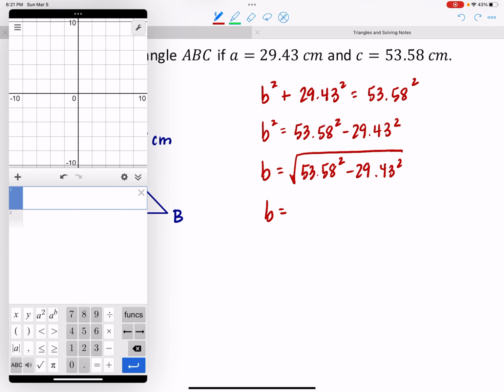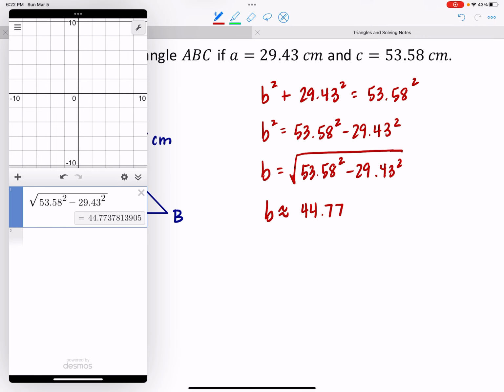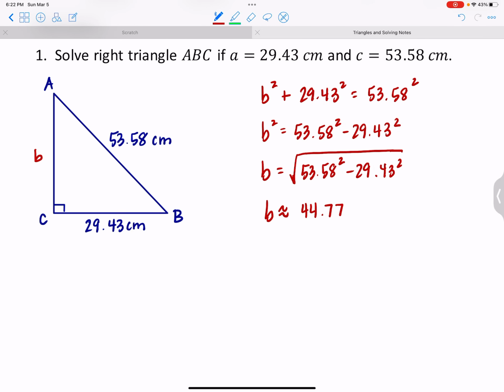I'm going to put in one expression: square root of 53.58 squared minus 29.43 squared. And so b is going to be not equal, it's going to be approximately equal to, let's be precise here and make sure that's not an exact equal, about 44.77. I think rounding to the hundredths place is sufficient. And that's going to be in centimeters.